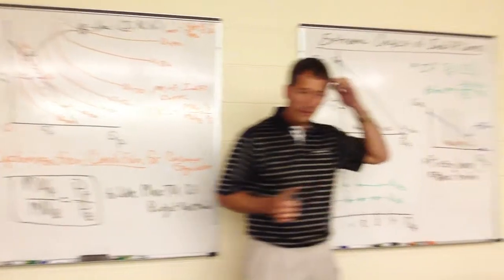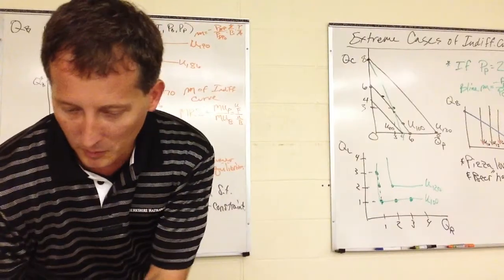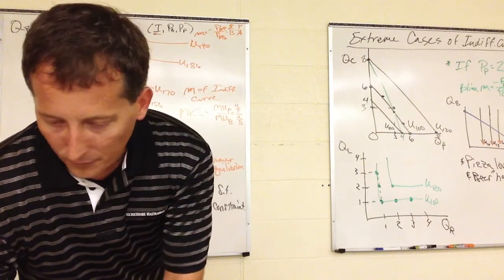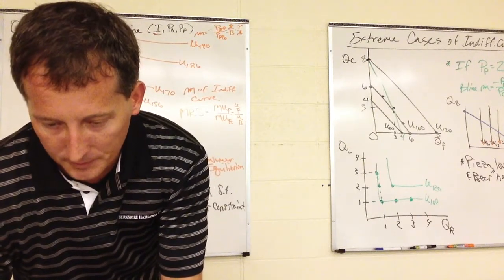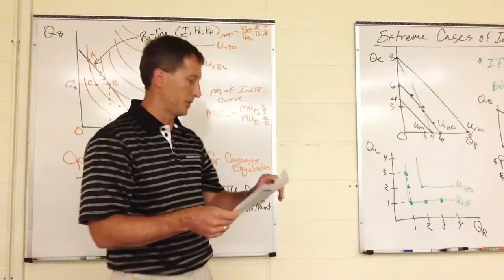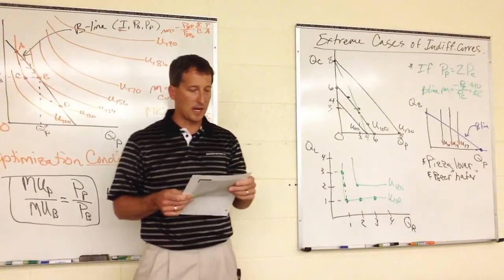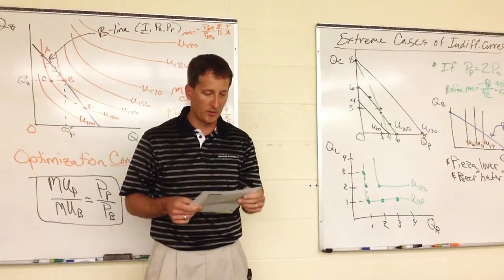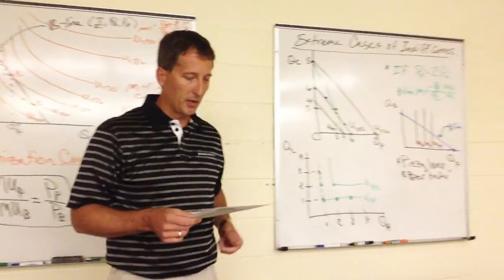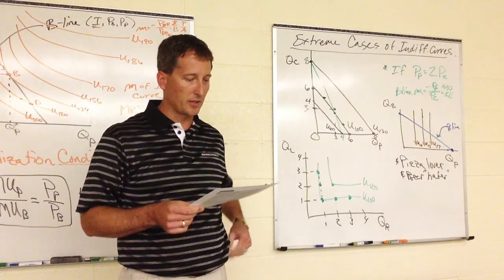So that hopefully helps with some of those extreme cases and putting some of the material together. Let's turn to our problem 4.4. Suppose Antonio gets utility from consuming two goods, burgers and fries. His utility function is given by this, where B is the amount of burgers he eats, and F is the servings of fries.